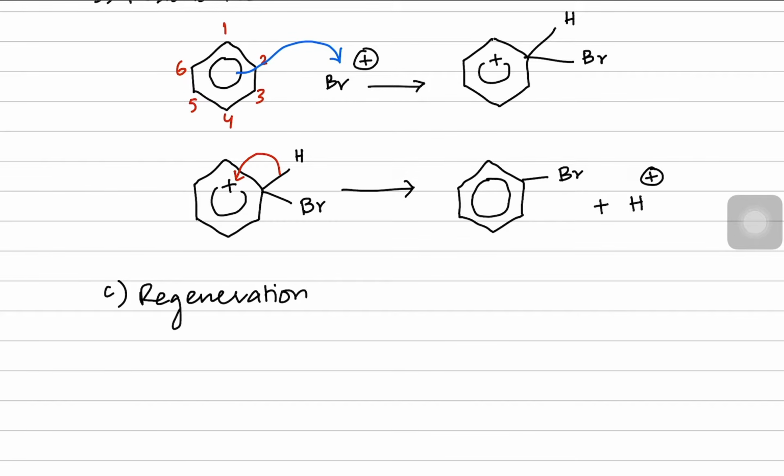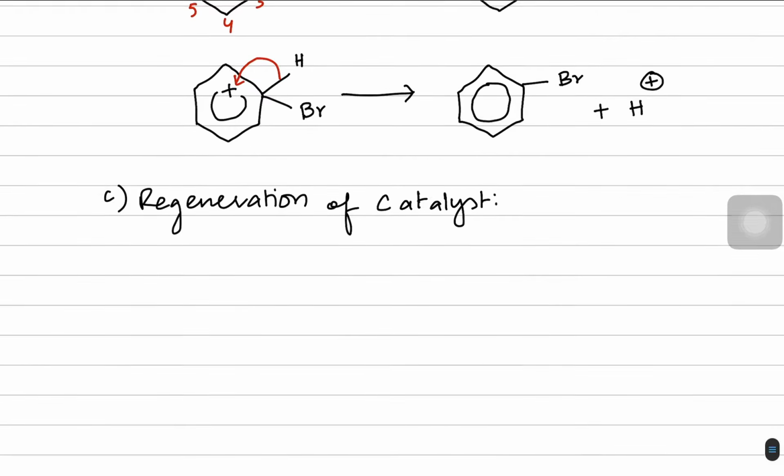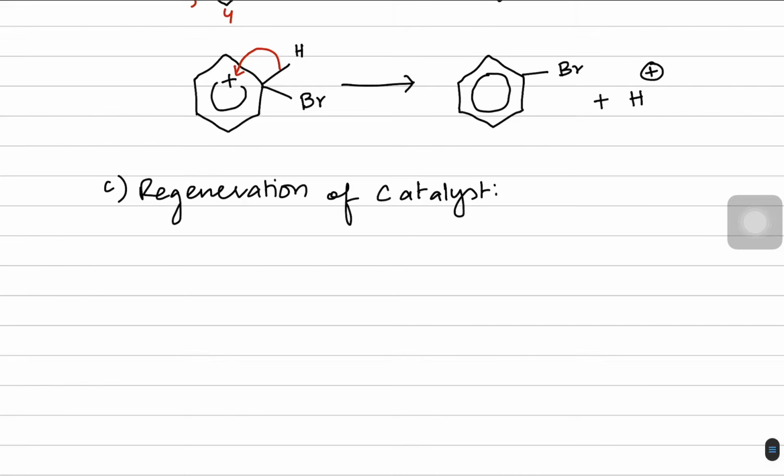In part C, we talk about the regeneration of the catalyst. The catalyst was FeBr3. So remember, the hydrogen ion which has been produced from the benzene reacts with the FeBr4 minus which was produced initially.